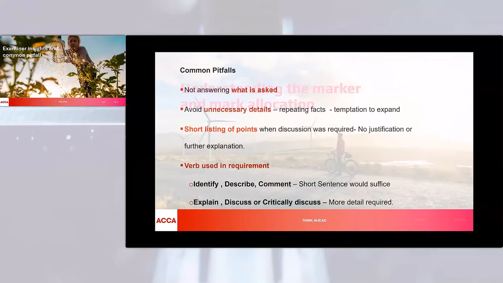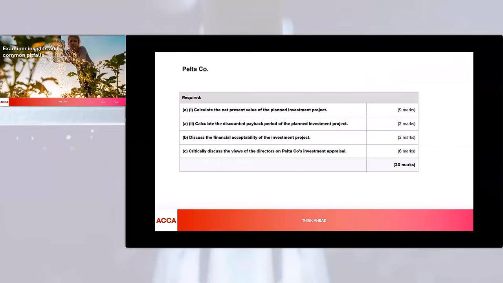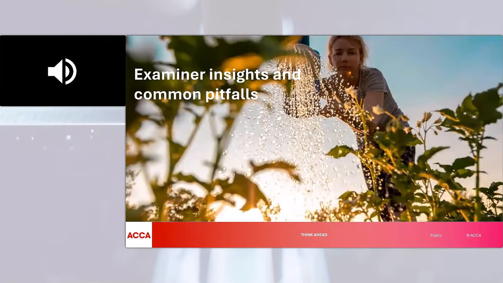So here we have a question from the Read the Mind of the Marker section. It's called Pelta Company. I'm just refreshing the screen. Reloading the screen. Okay.